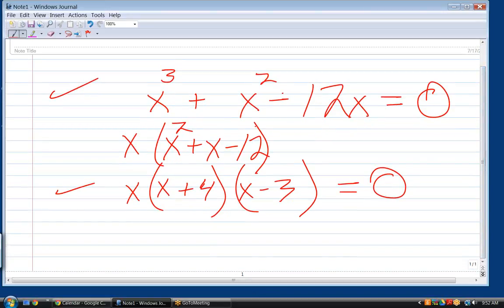What are my three solutions for x? And incidentally, you almost always have the same number of solutions as you have the degree. In other words, a cubic always has three solutions. A quadratic, where that's a squared, has two solutions, and so forth. A quartic, where it would be x to the fourth, is going to have four solutions. So what are my three solutions here?